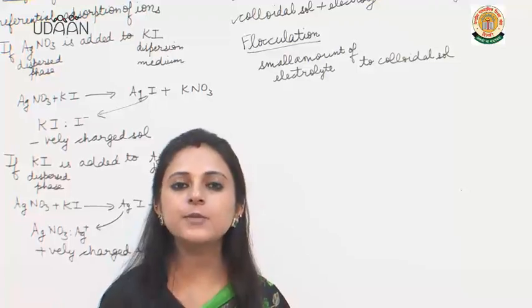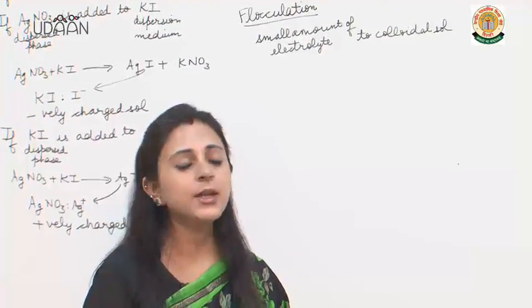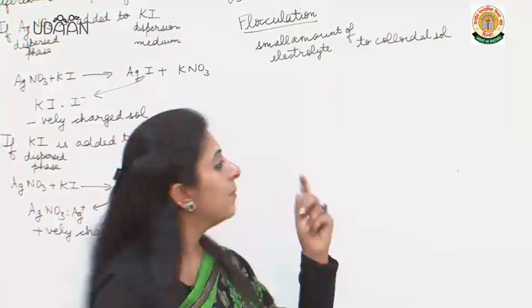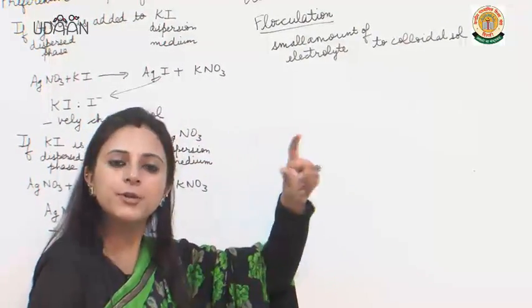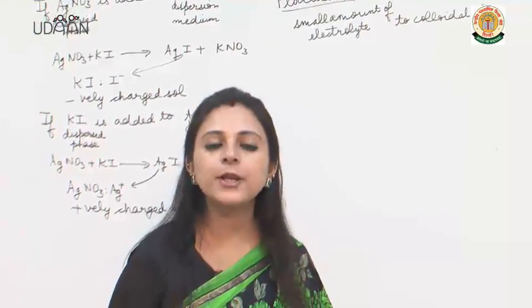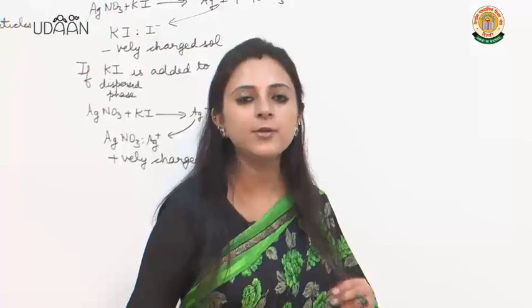And what is the difference between flocculation and coagulation? Flocculation can be reversed by shaking, but coagulation cannot be reversed by shaking, and coagulation takes place when a large amount of electrolyte is added to the colloidal sol.